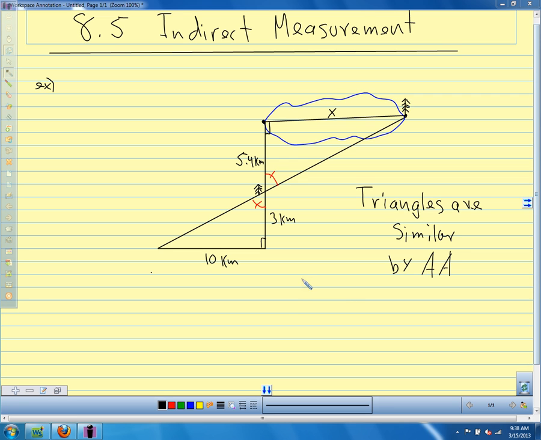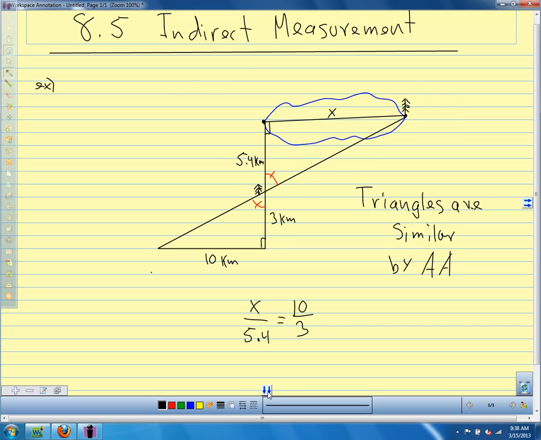So we're looking for x. I'm going to use this big triangle here. x divided by 5.4 equals, and what's going to be my other ratio? 10 divided by 3. x matches up with the long side, and 3 matches up with the 5.4.